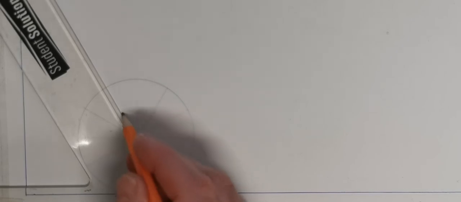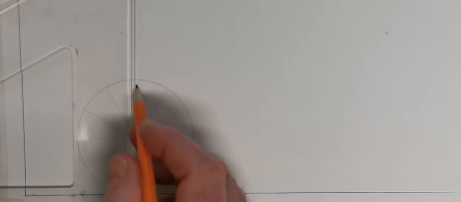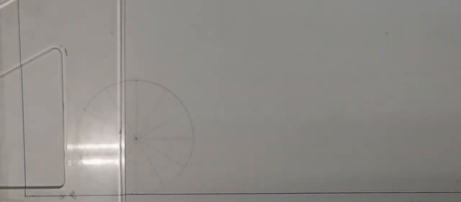Now you've got two choices doing these types of questions. You can use heights or you can use angles. Now I'm going to use angles on this one. I just think I prefer it.